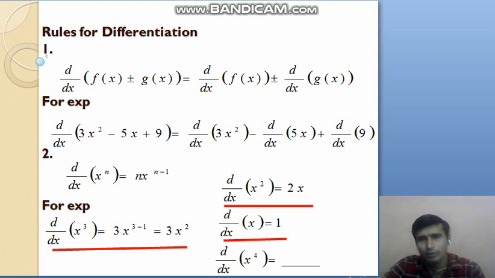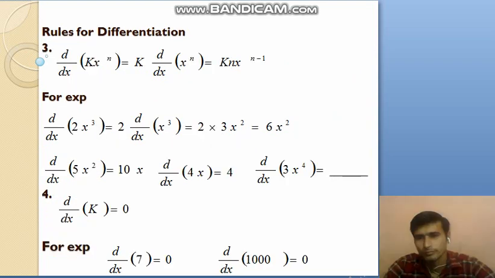Now we are going towards the third rule, that is rule number 3, differentiation of a constant with the variable. If we consider d by dx of k x raised to n, where k is a constant value, right? Differentiation of a constant value does not change with the variable.